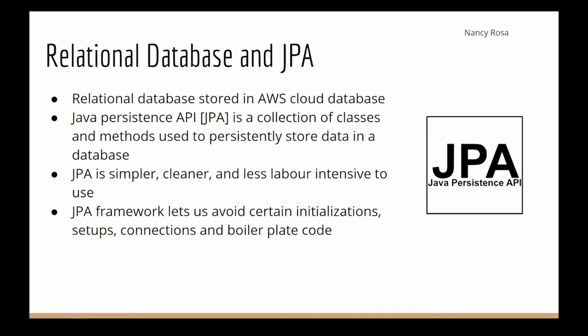By following the JPA framework, we can avoid dealing with certain initializations, setups, certain connections, and boilerplate code, as JPA either takes care of that itself or makes it easy for us to take care of that on our own.